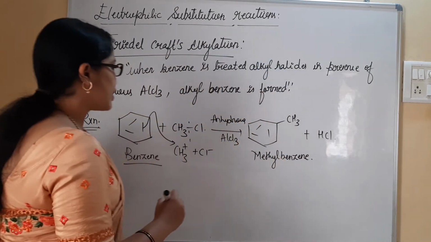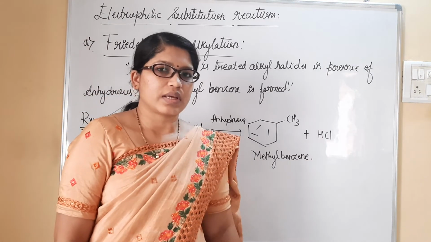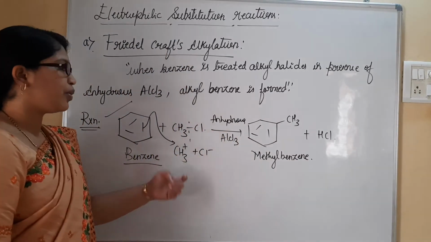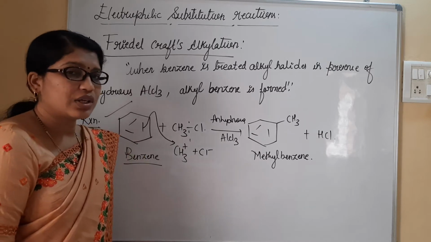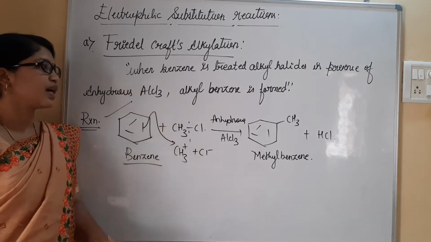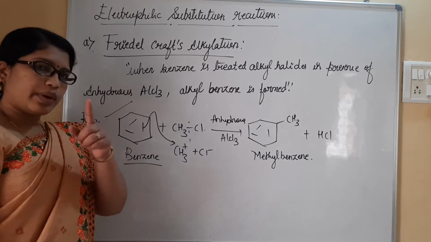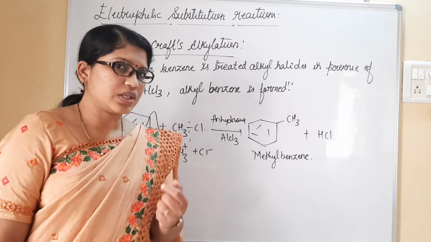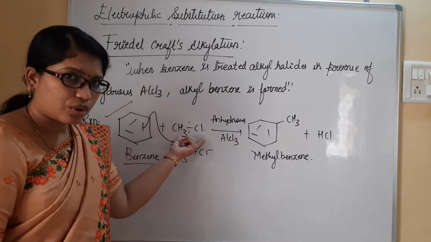So such a reaction which is carried out in presence of anhydrous aluminium chloride is referred to as the Friedel-Crafts alkylation reaction. Similarly, we have the Friedel-Crafts acylation reaction also, wherein the main difference we are going to see is the usage of acyl chloride.